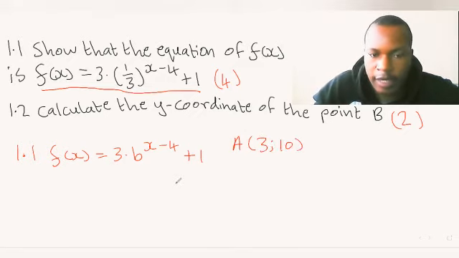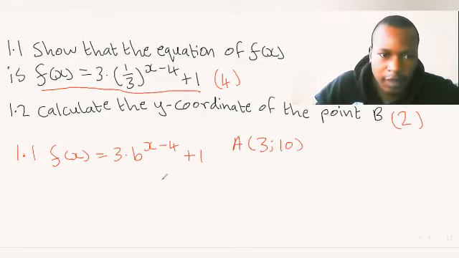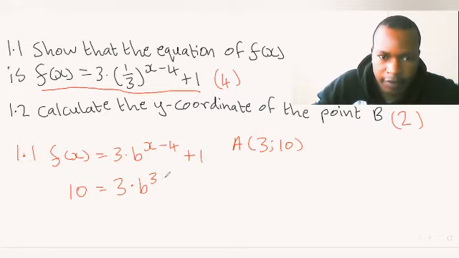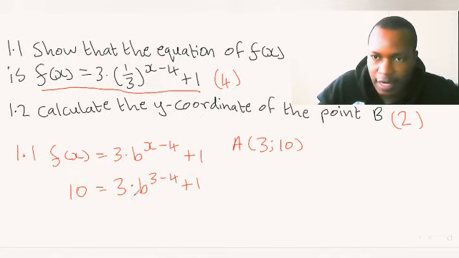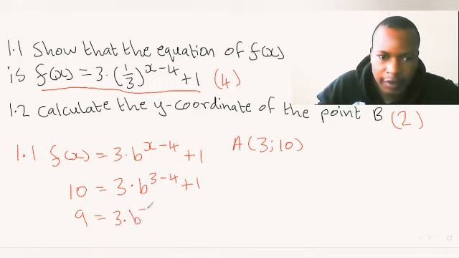That's the point on the graph. So the f of x would be 10, and the x itself would just be 3. So that would be 3 minus 4 plus 1. Now we can simplify by moving the positive 1 to the left-hand side. Then that would give us 10 minus 1, which equals 9. So this we can further simplify as b to the power negative 1.